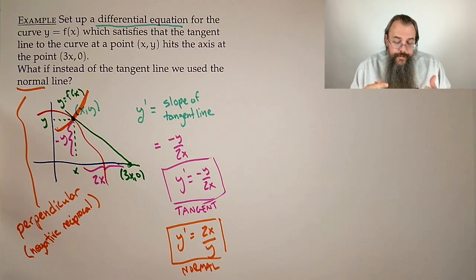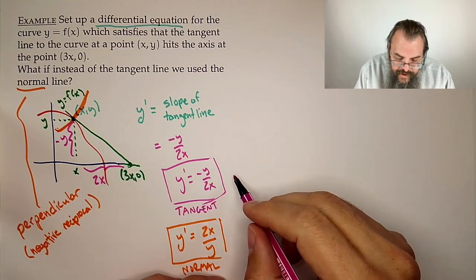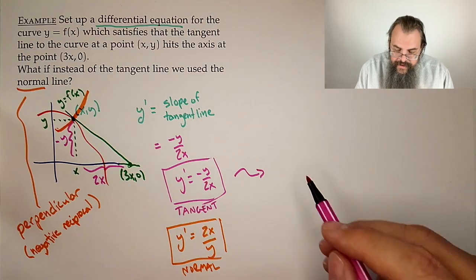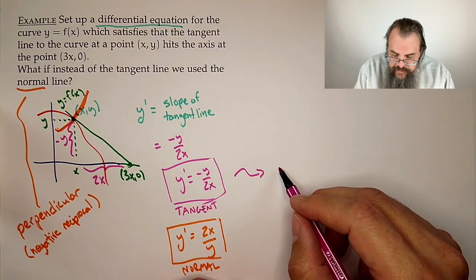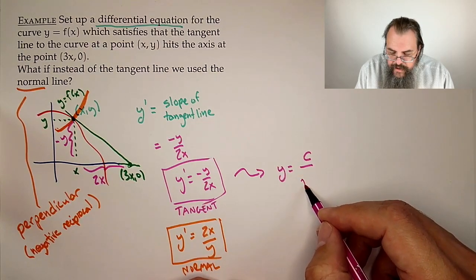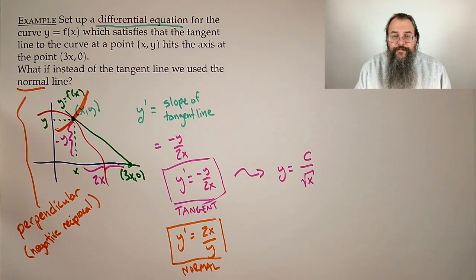In fact, these particular differential equations are just like the ones that we're going to be able to solve in the very near future. So if we took this one, y prime equals negative y over 2x, it turns out that the general solution has the form y equals some constant divided by square root of x. All right, so that's what it looks like.